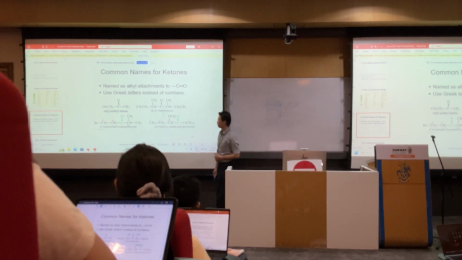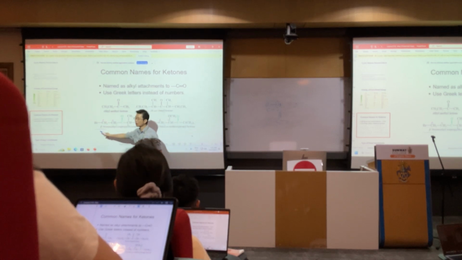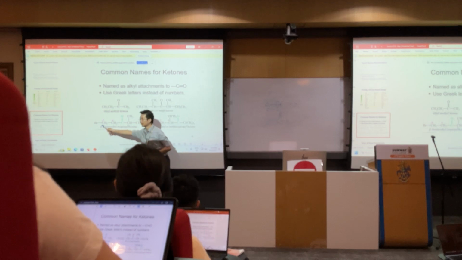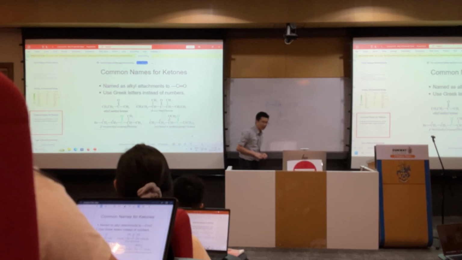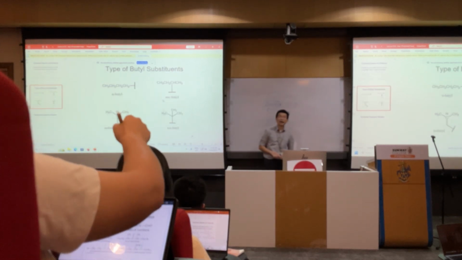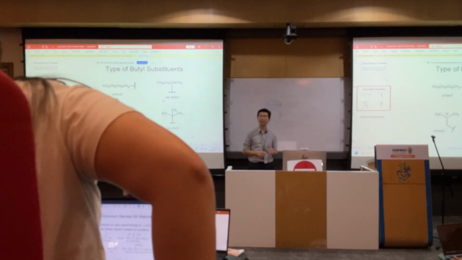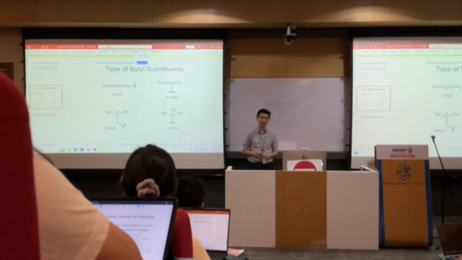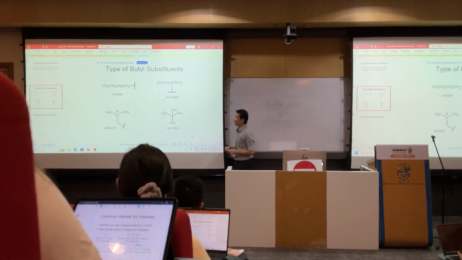For example, the carbon next to the carbonyl group we call alpha, next to it is called beta. So in this case, this is a bromo group attached to a beta carbon, so we call it beta-bromoethyl isopropyl ketone. And for the types of substituent, we have 4 types of butyl: n-butyl, sec-butyl, isobutyl, and tert-butyl. So you need to differentiate each of the butyl groups based on the name.